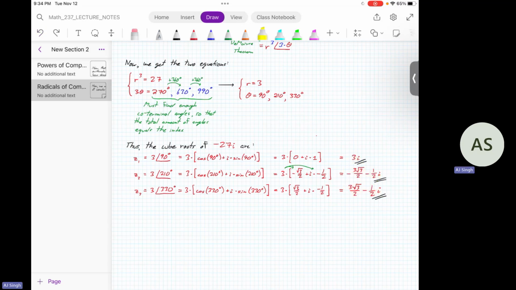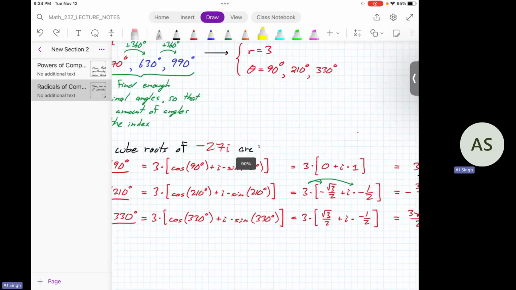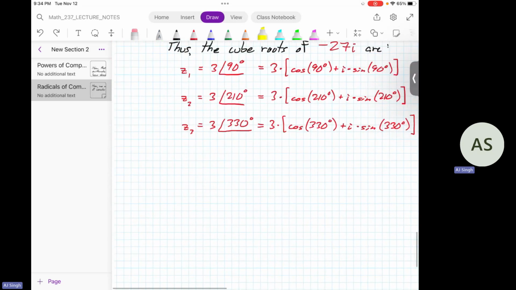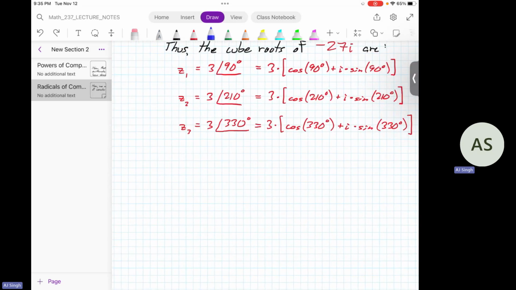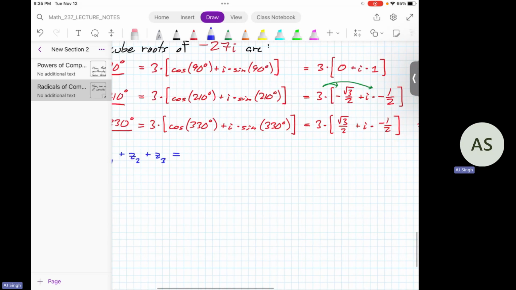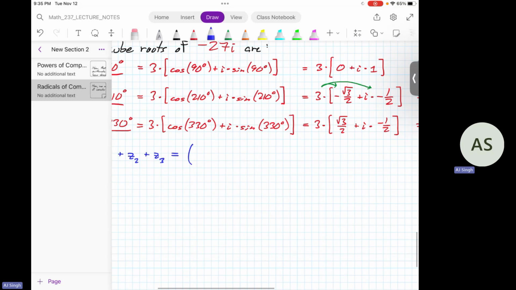And I guess I can show you this one time. So I'm going to do a check. Let me take Z1 plus Z2 plus Z3 and see what happens. So Z1 is 3i, Z2 is minus 3 root 3 over 2, minus 3 over 2i.